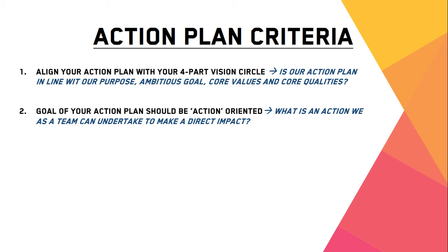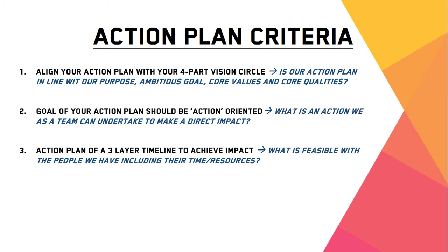So it's going to be about a real on-the-ground action with a direct impact. And lastly, the action plan should be developed as a 3-layer timeline structure. The following question is key. What is feasible, and when, with the people in our team in terms of their time and resources? So I will now explain all 3 criteria points in more detail.